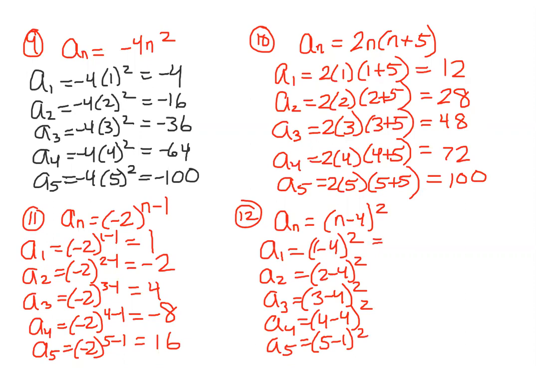So we got 1 minus 4 is -3, but -3 squared is 9, 4, 1, 0, and then look, back up to 1 again.